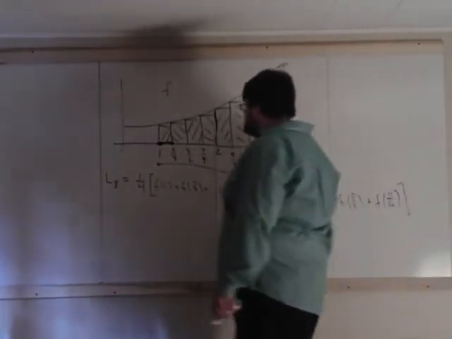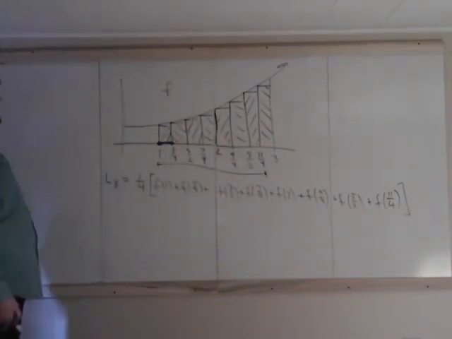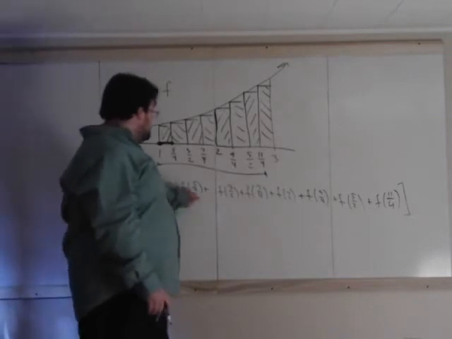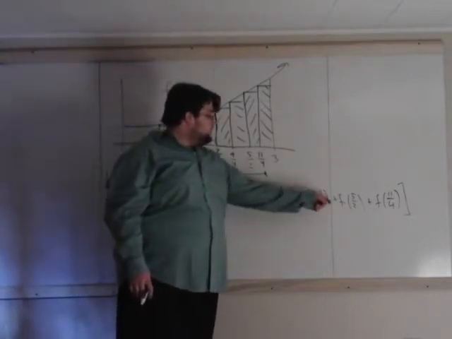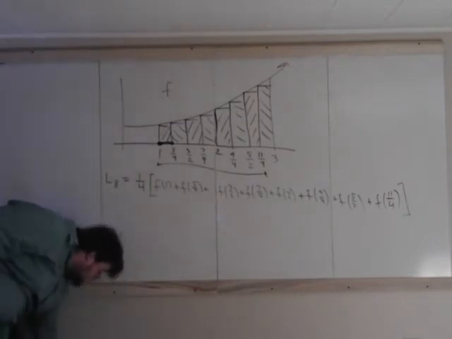And then you can find those numbers if you want. I'm not going to require that you find that many numbers. We start at 1, 5 quarters, 3 halves, 7 quarters, 2, 9 quarters, 5 halves, and 11 quarters.